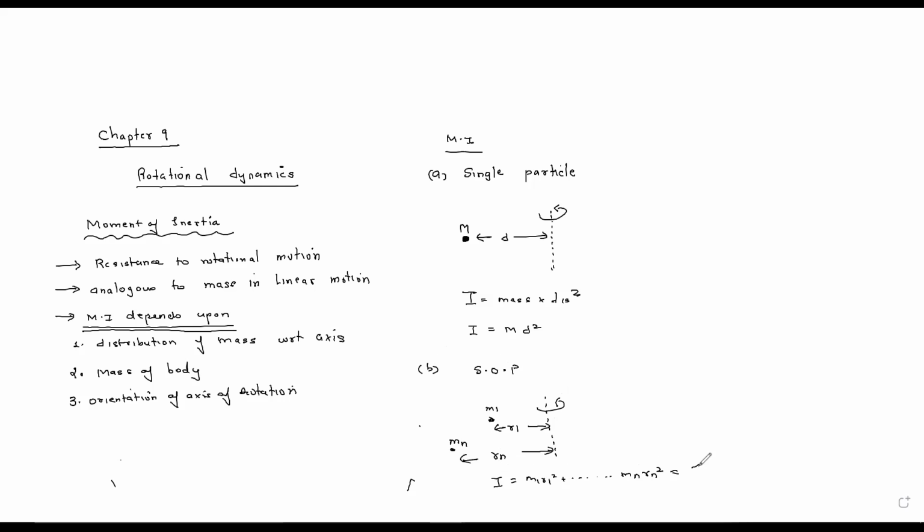We can write this as summation of mi ri square, where i ranges from 1 to n. Did you understand? The unit of this whole thing will be kg meter square. System of particles, SOP, has many particles. This is for a single particle.